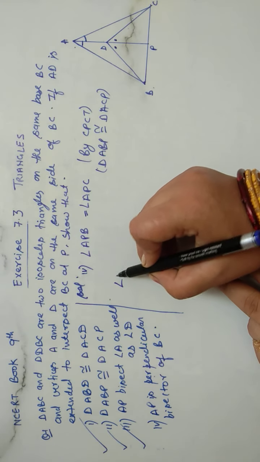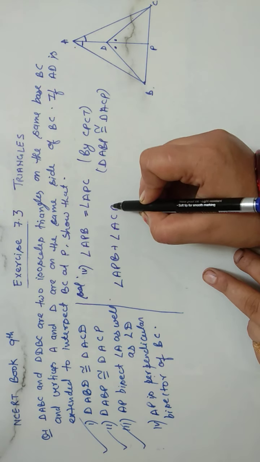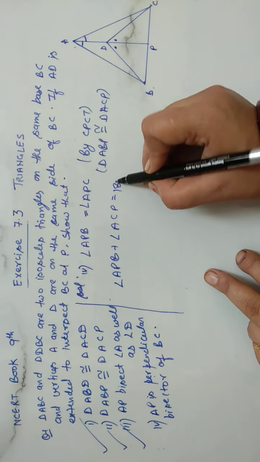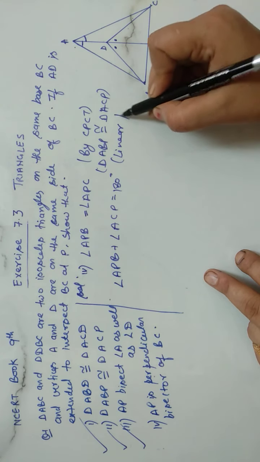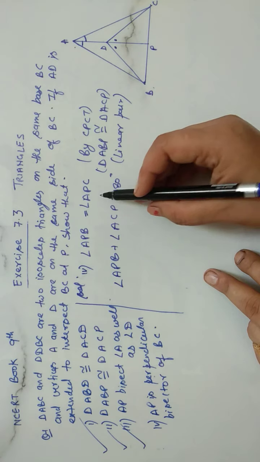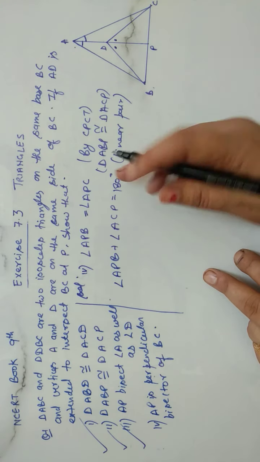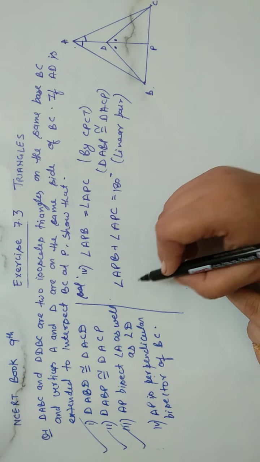Now angle APB plus angle APC is 180, and the reason is linear pair. Now see, you can interchange it. So instead of angle APC, we can write angle APB.